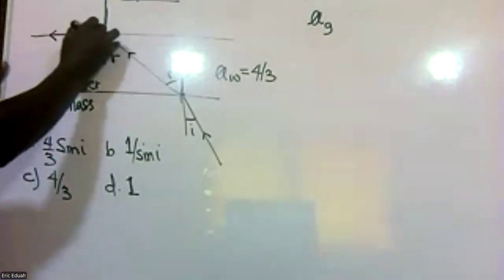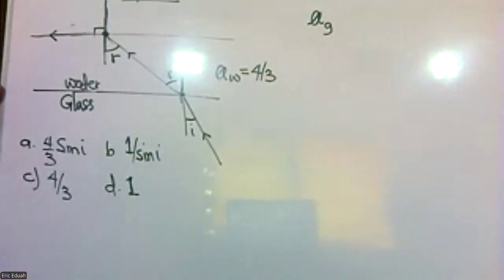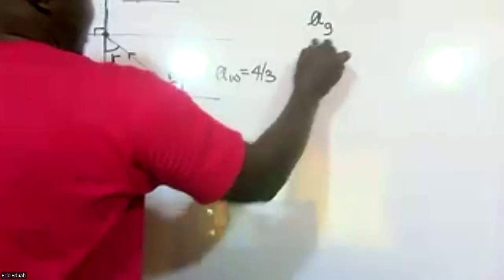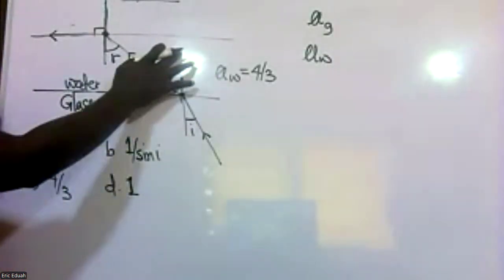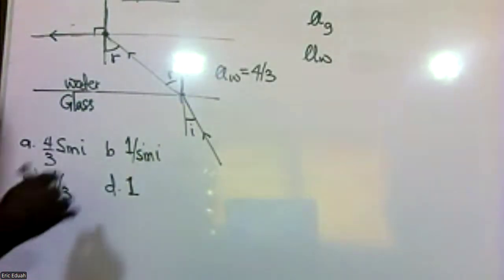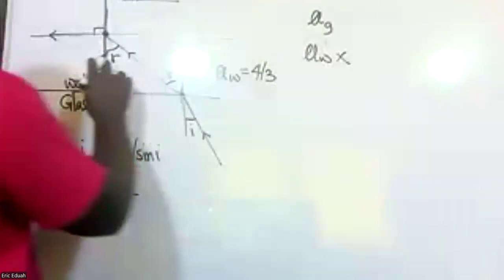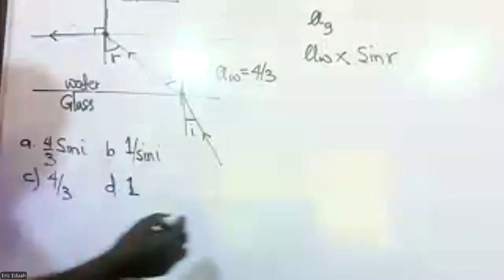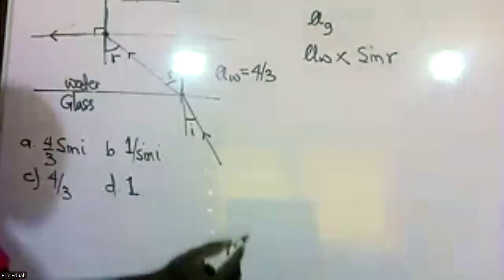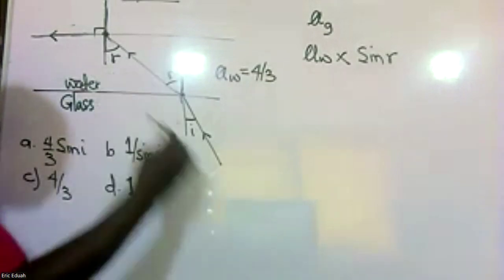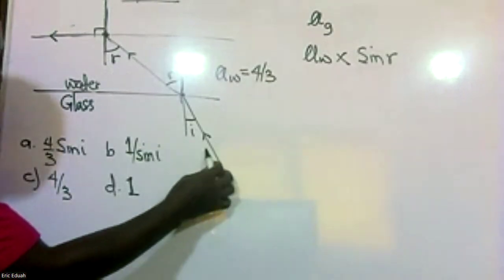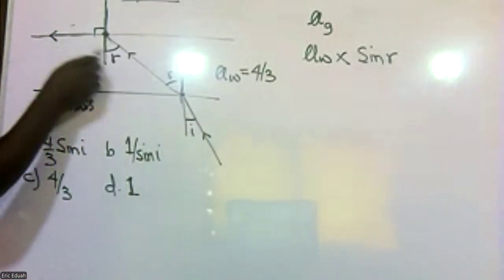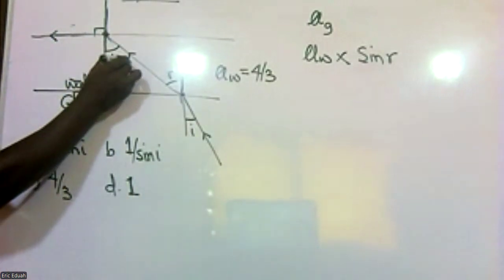If you pick refraction here, the product of the refractive index of this medium, water, and the sine of the angle of incidence, which is R, and the direction of the light follows that of I. So I is refracted, hits here, and then R is equal to C, the critical angle.